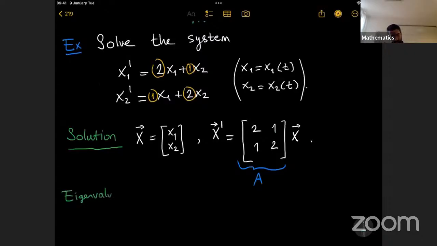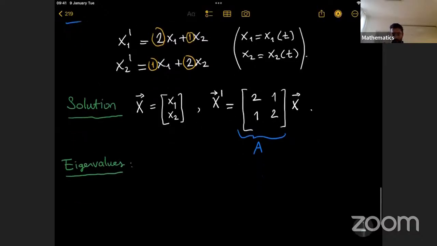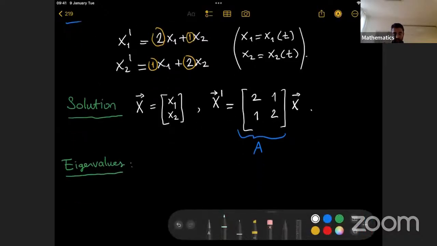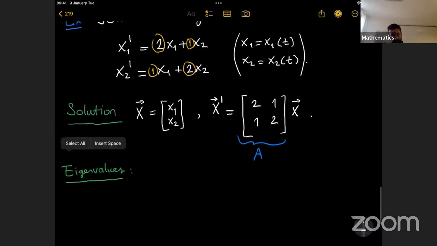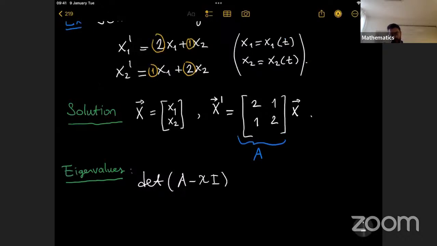Eigenvalues. To find the eigenvalues, remember, we look at the determinant of A minus lambda I and solve this for lambda.